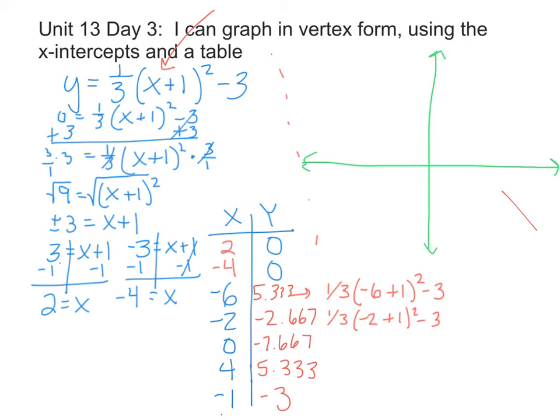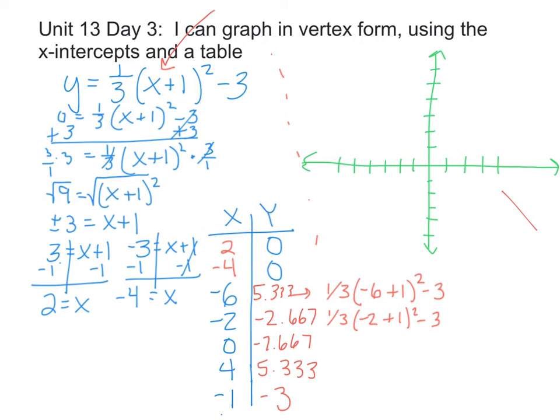I need to go -6, 1, 2, 3, 4, 5, 6. I've got to go at least up a couple, 1, 2, 3, 4, okay. I have to go up to at least 5, 1, 2, 3, 4, 5. Let's go up to 6, and then down a few. 1, 2, 3, 4, 5. Okay, that should be substantial for this graph.